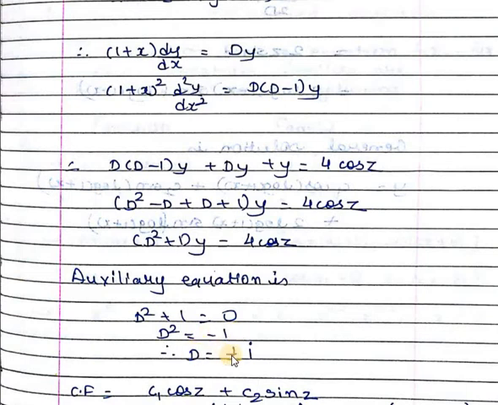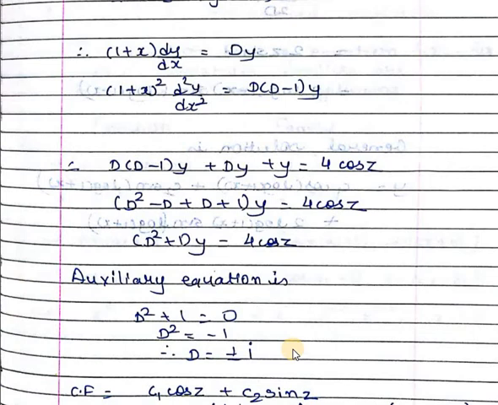Therefore D is equal to plus or minus i. Now here, as you can see, the roots are complex and different. So we will compare this with alpha plus or minus beta i. So alpha is the real part and here there is no real part, therefore alpha is 0 and beta will be 1, because comparing this with plus or minus beta i.